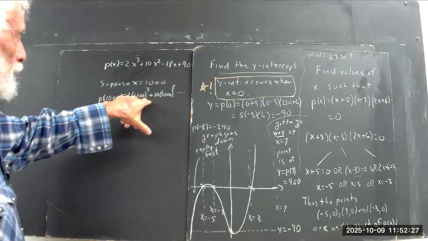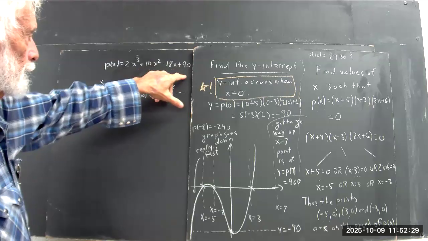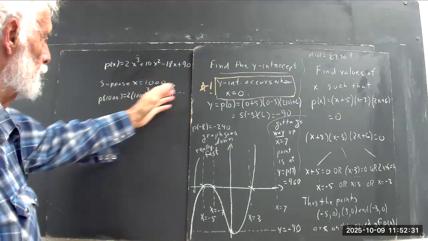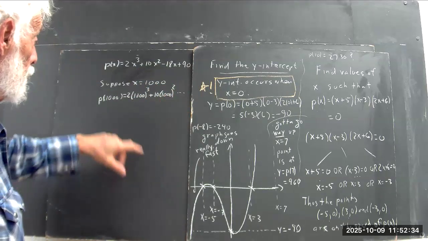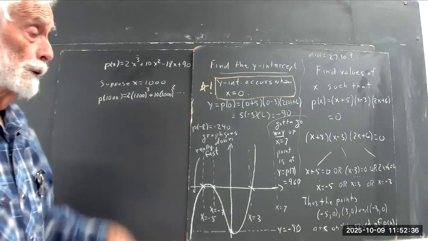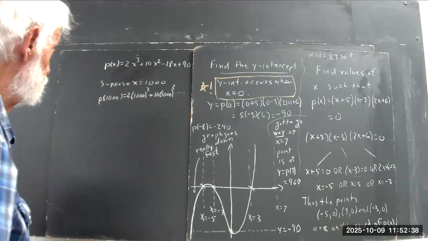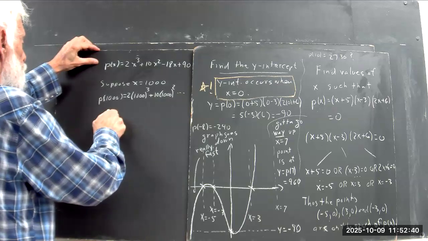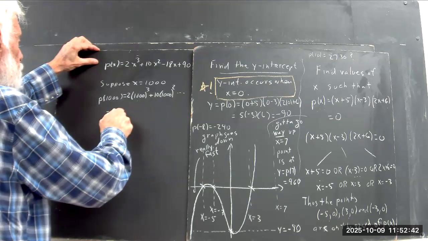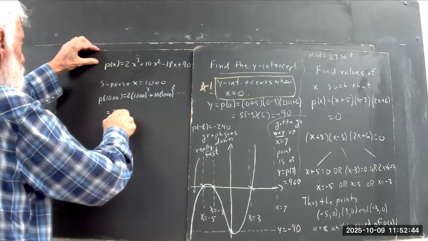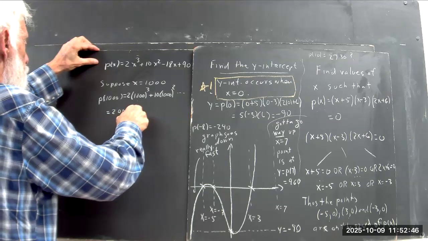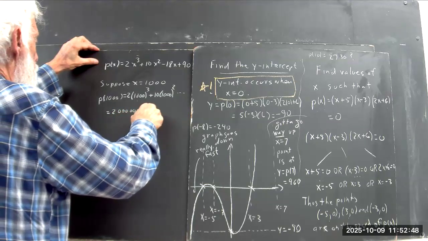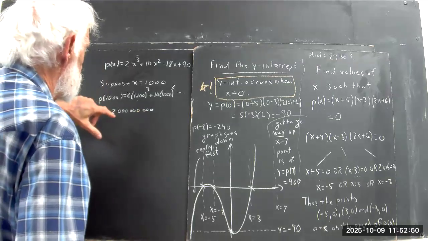Okay. Now I just put 3 dots here for the -18x and the 9, partly because I didn't leave myself room to write it out, and partly because those numbers really aren't going to matter much. 1,000 cubed is 1,000,000,000.